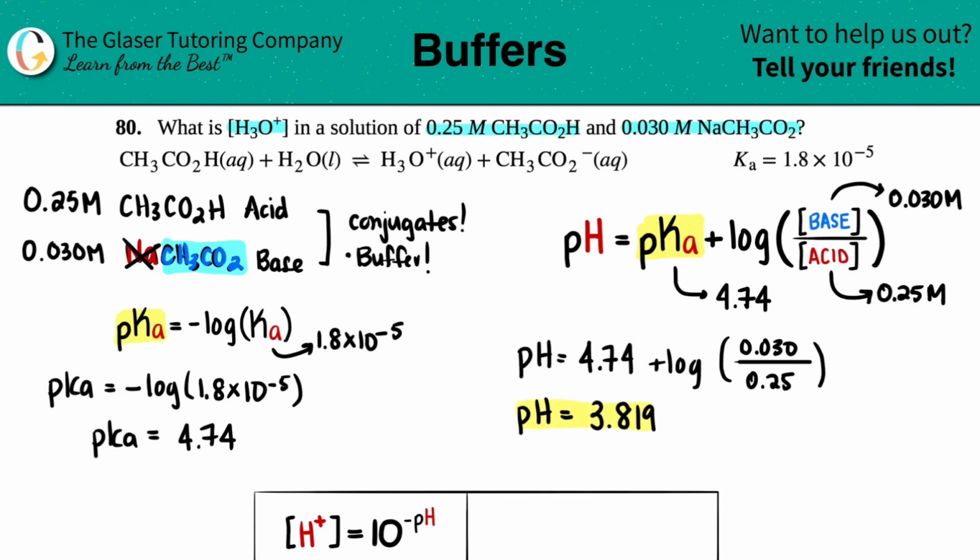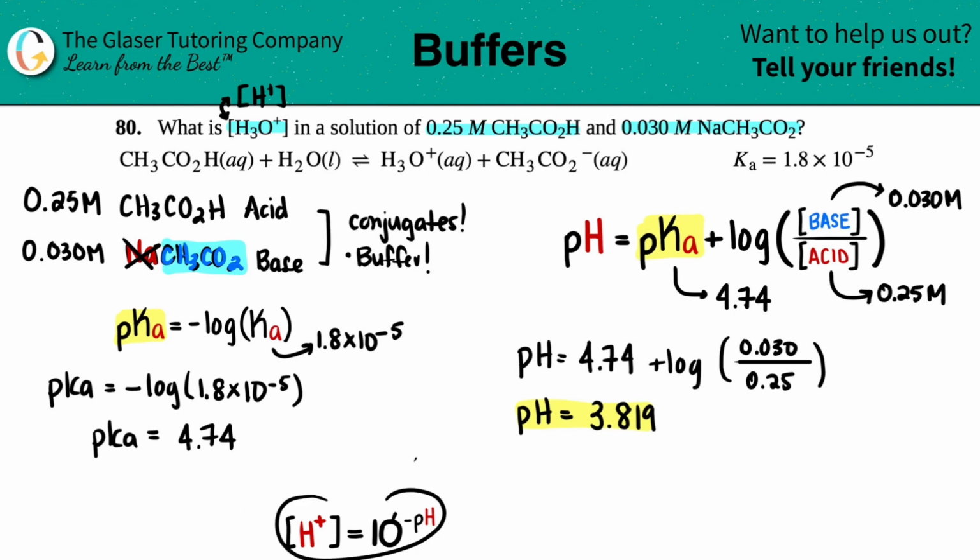I can use this because H3O+ is the same thing as H+, they're synonymous with each other. Remember the formula that we learned in the beginning of this chapter: H+ equals 10 to the negative pH.